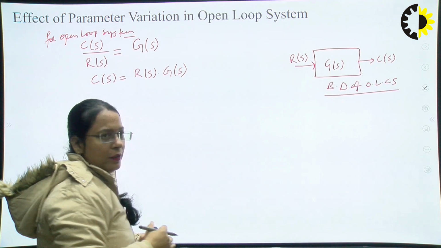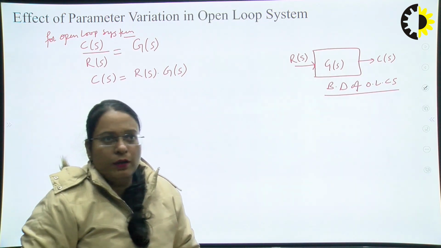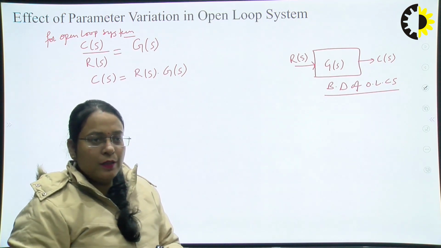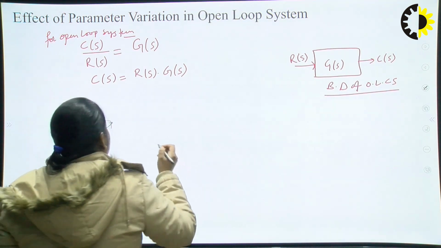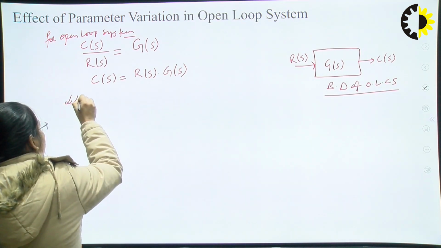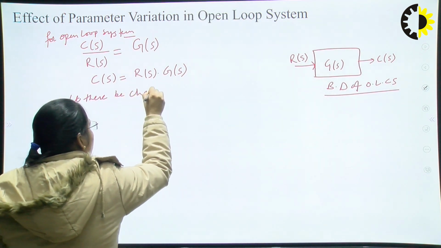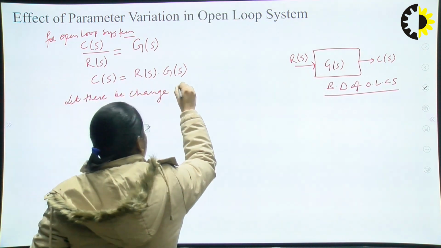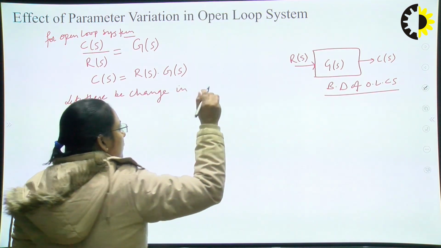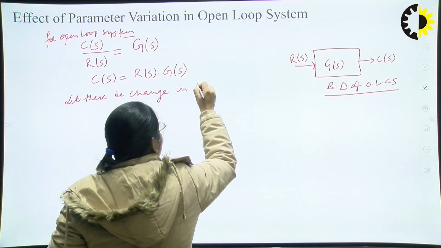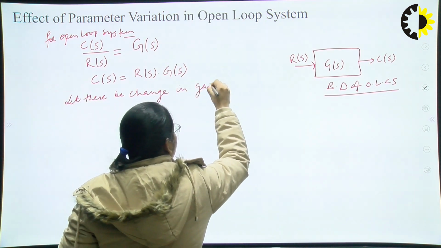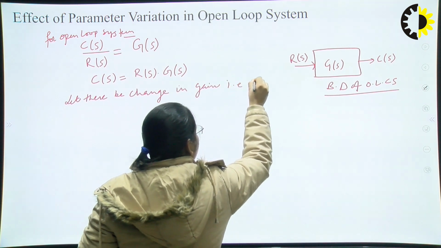Let's say there is a very small change in the parameter G(s), in gain, by delta G(s).